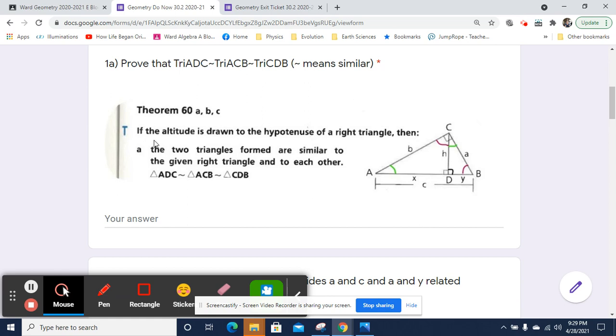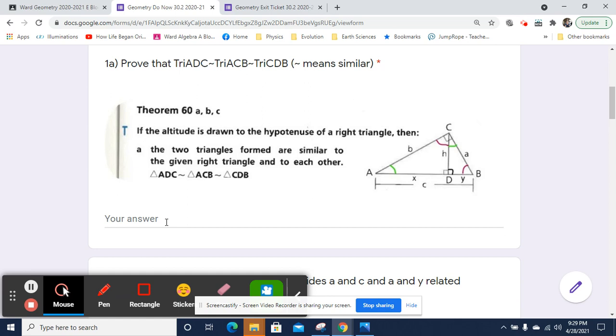So we are trying to prove Theorem 60, Part A, which is that these two triangles formed are similar to each other and to the given right triangle, the big one. So these two smaller ones are similar to this big one and also to each other. So that's what we're trying to prove.